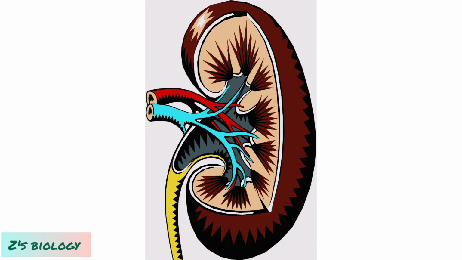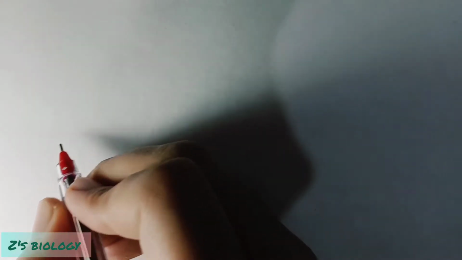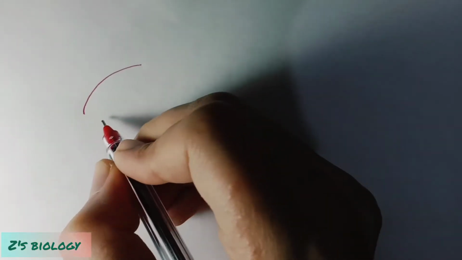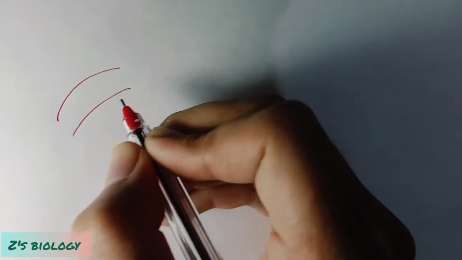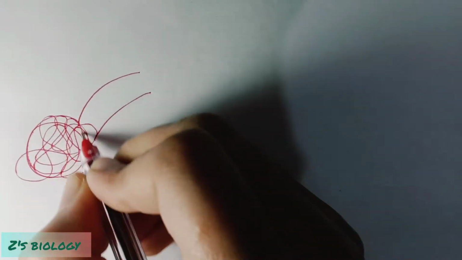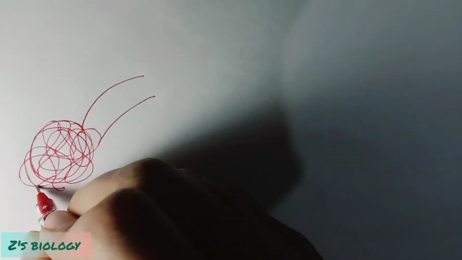Yeah, filtration of blood, that is removal of toxic and unwanted substances from the blood. So moving to the structure of the nephron. As you can see, I'm drawing here, this is the afferent arteriole, and then these are a meshwork of capillaries, a tuft of capillaries, which ends in the efferent arteriole.